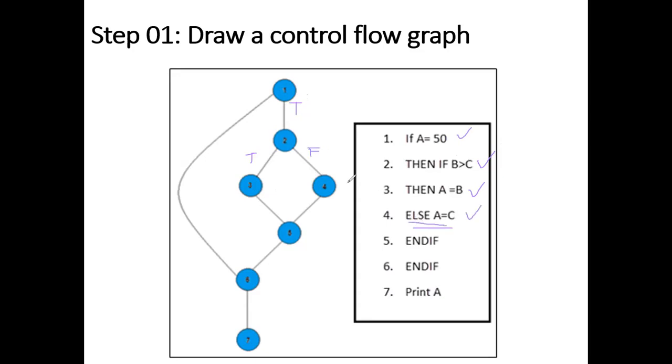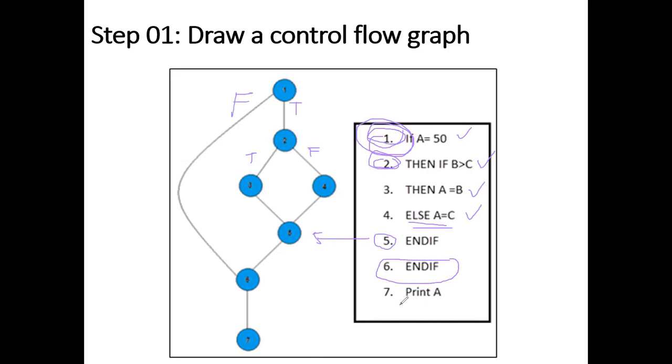Then this inner if is ending here. Then we have another ending, that is this main if, so this would be our false.